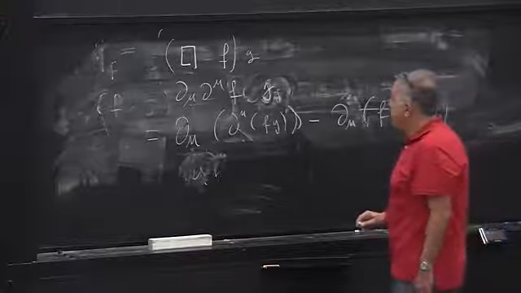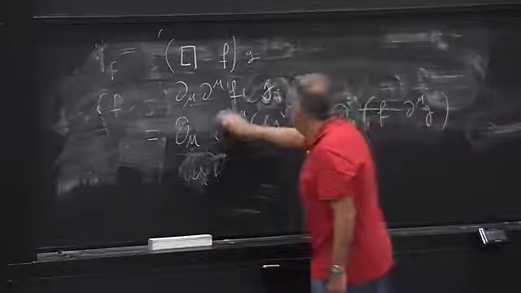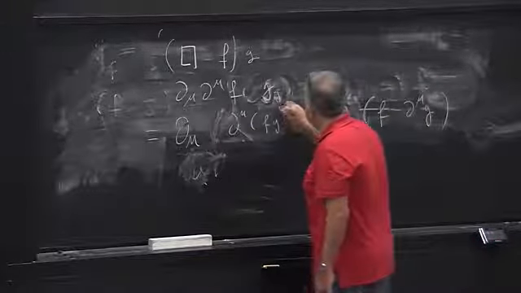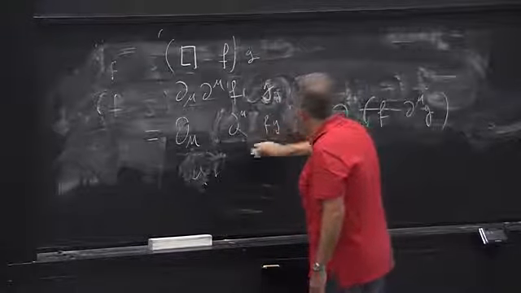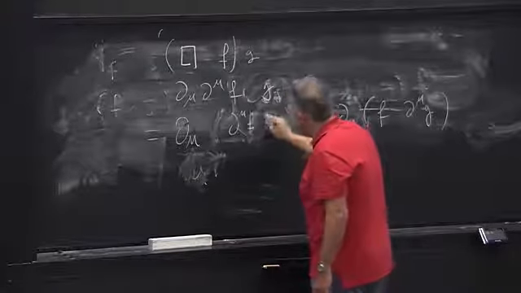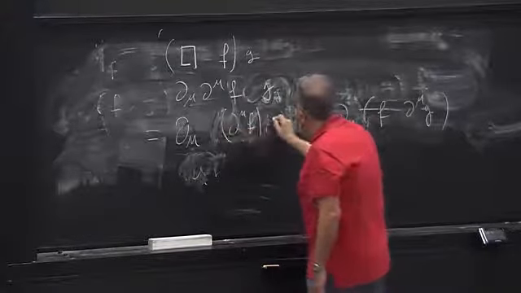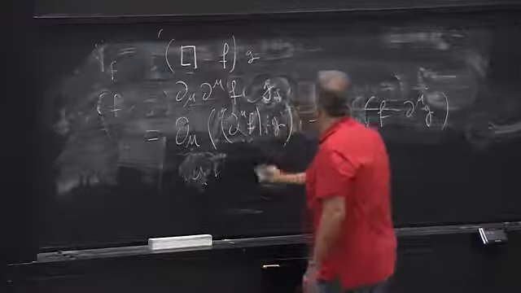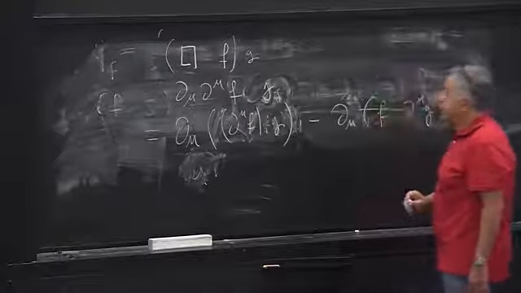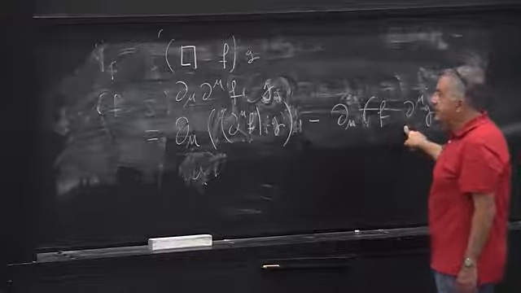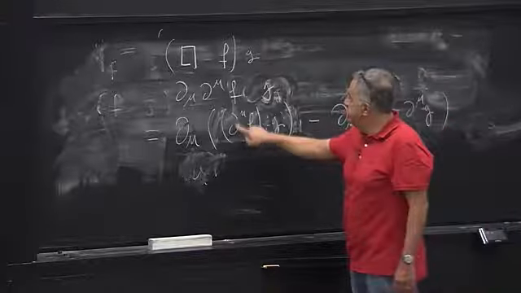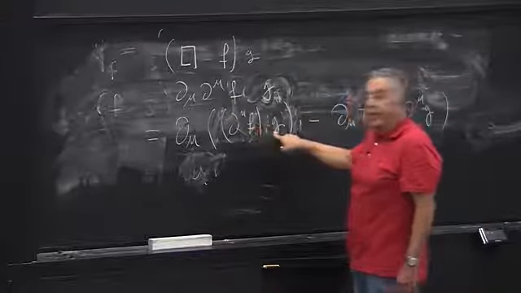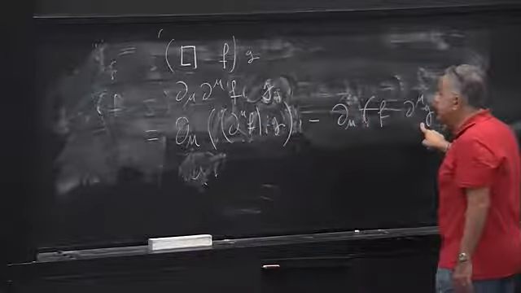Wait, I'm wrong in writing this thing. This is d mu F G. Okay, now it works. Minus this, because when I apply this to the first, I get back this. When I apply this to the second, it cancels this.